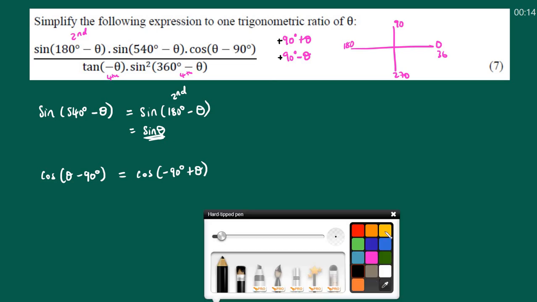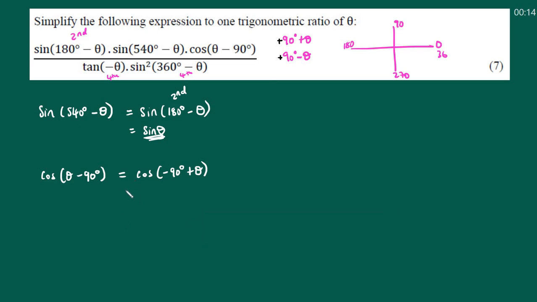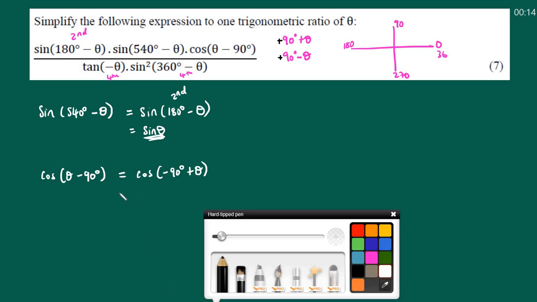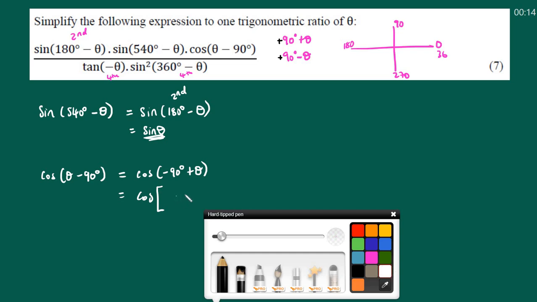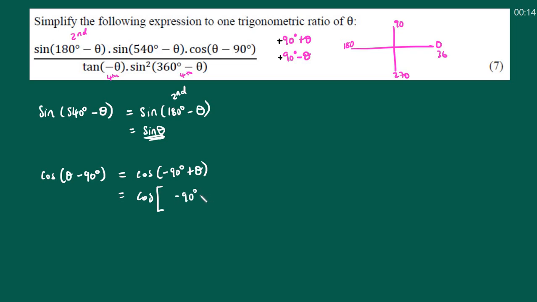It's very, very simple, good people. This is what you simply do for me. You are going to rewrite it as cos, and then open a big bracket. After opening a big bracket, you are going to write everything as it is, leaving a small space. So you write negative 90 degrees, then plus theta as it is.